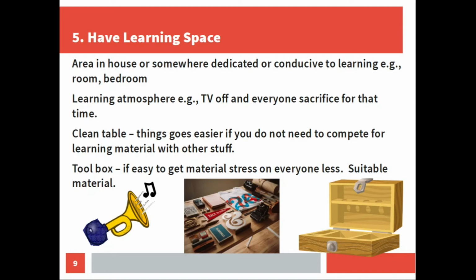Have a good learning atmosphere. For example, let's put the TV off. Everyone must sacrifice for that day. Put the radio off. Tell someone, if you want to enjoy yourself, please do it elsewhere. Ask the neighbors, please give me my child this time of day, or decide on a time of the day which is suitable for your child. Try to get a nice learning atmosphere that's conducive.